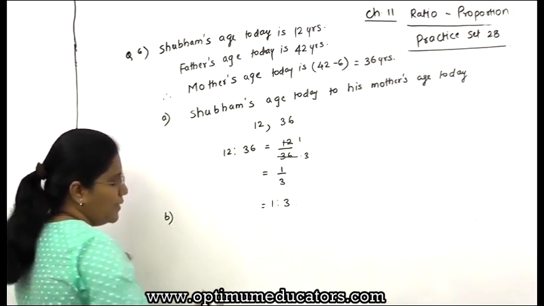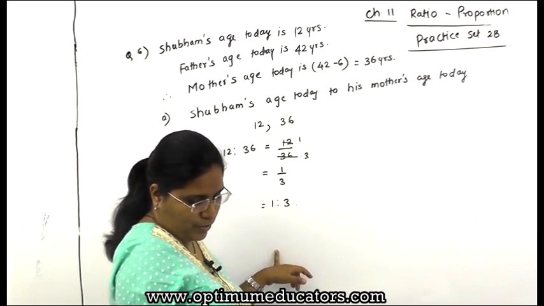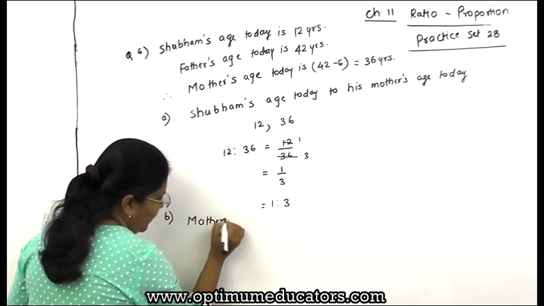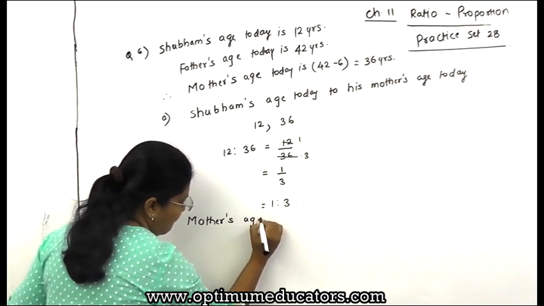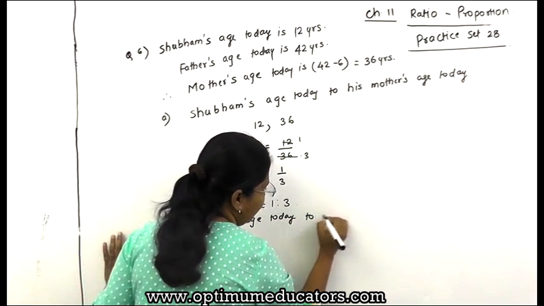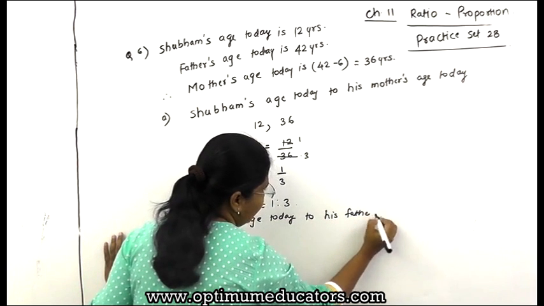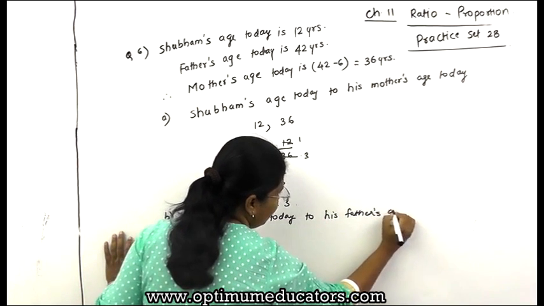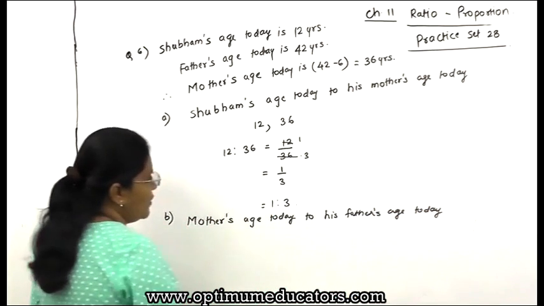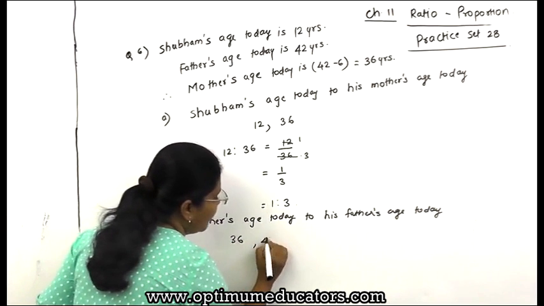The second thing you have been asked is the ratio of Shubham's mother's age today to his father's age today. Mother's age today is 36 and father's age today is 42.